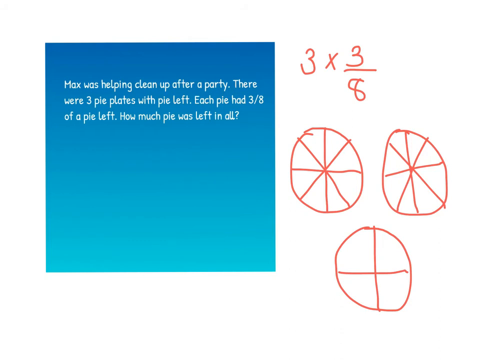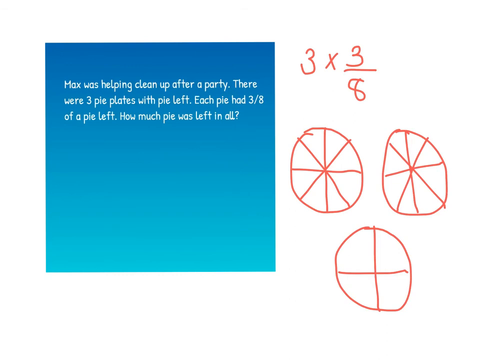So 1/8, 2/8, 3/8, 1/8, 2/8, 3/8, 1/8, 2/8, and 3/8. Okay, so all together we have 1, 2, 3, 4, 5, 6, 7, 8, 9 pieces of pie left, and our denominator remains the same. So 9/8, which is an improper fraction, there was 1 1/8 total pies left. And I did that by dividing 9 by 8, and I got 1 1/8.